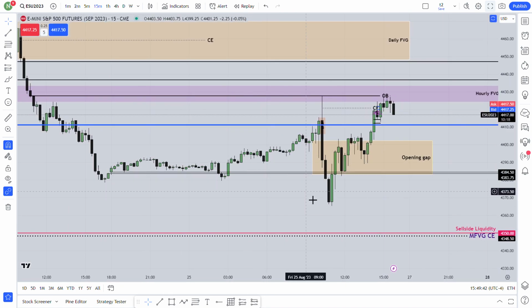Here's the 15-minute chart. There is 10:15, the news time. Price went there and traded lower.